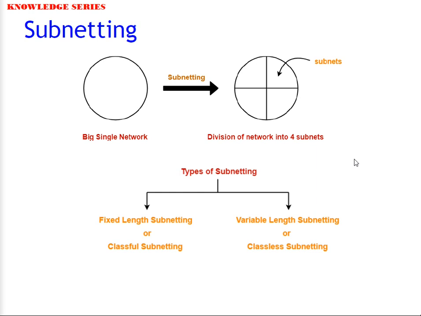And subnetting is used for classful addressing, like class A, class B, class C. So in this diagram, you can observe that the big single network is transformed into 4 smaller subnetworks.